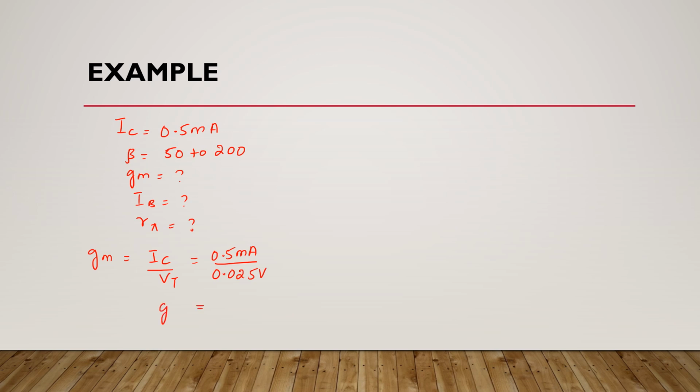So the value of this transconductance is 20 milliamperes per volt, and it is constant. Now we will find base current IB. We know that IC is equal to beta IB.